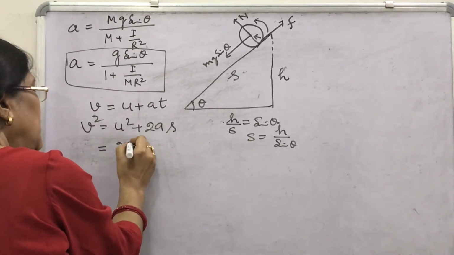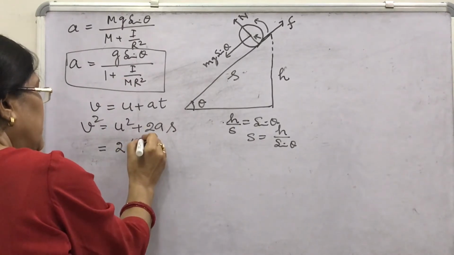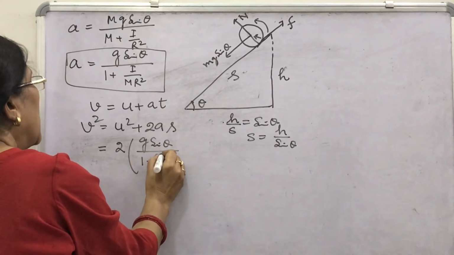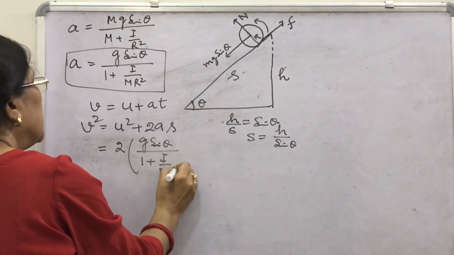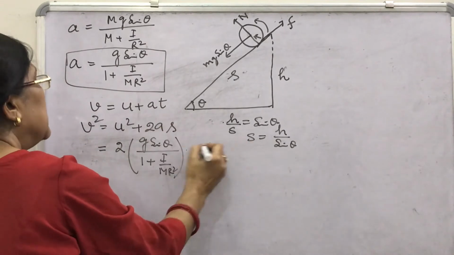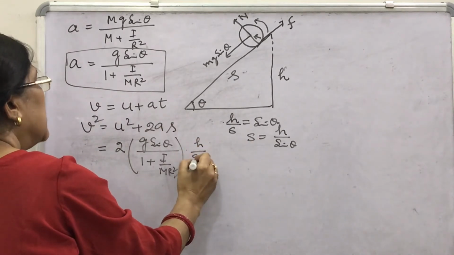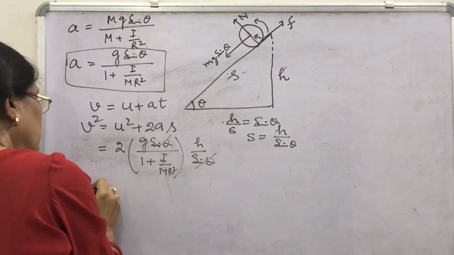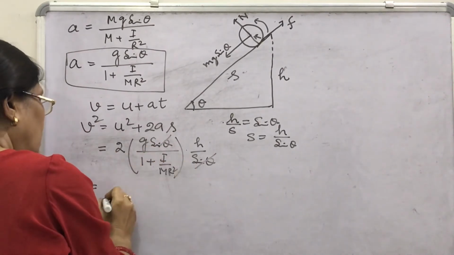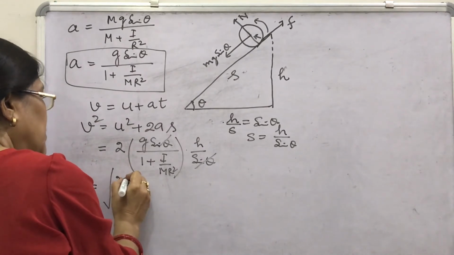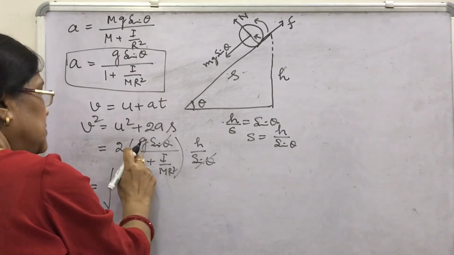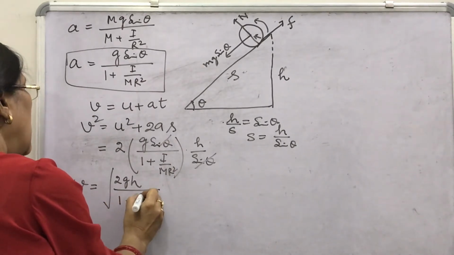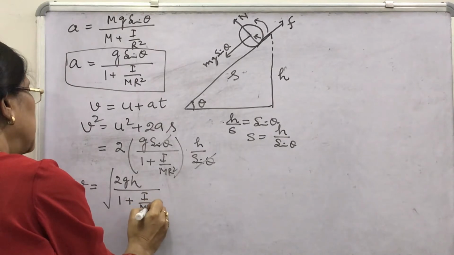This is 2 into a, put the value of a, g sine theta upon 1 plus I upon mr square, this total, into s. S means h upon sine theta. So sine theta will be cancelled. What will become v? Under root of 2gh upon 1 plus I upon mr square.